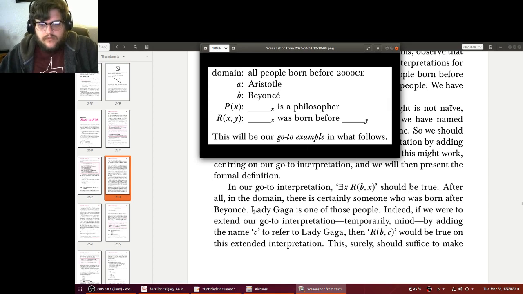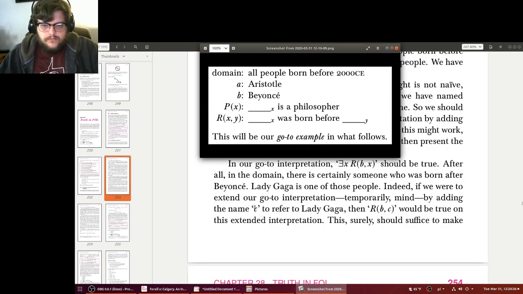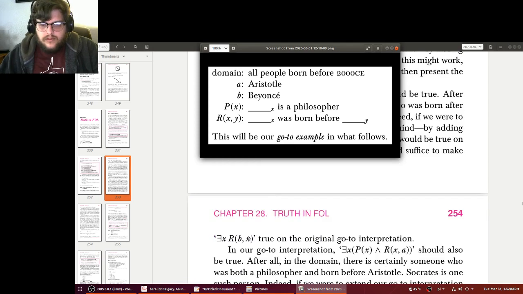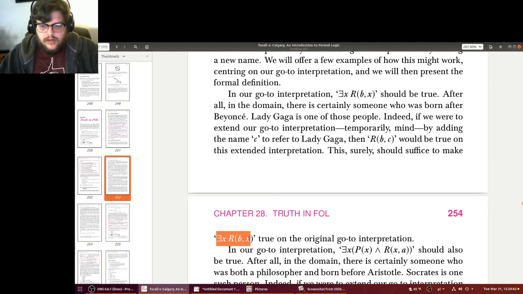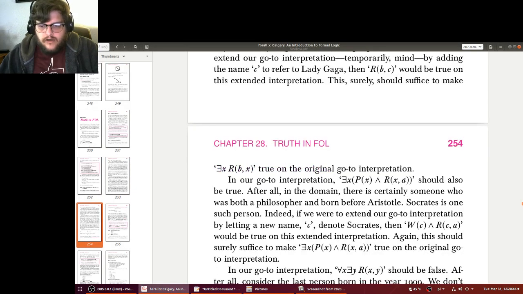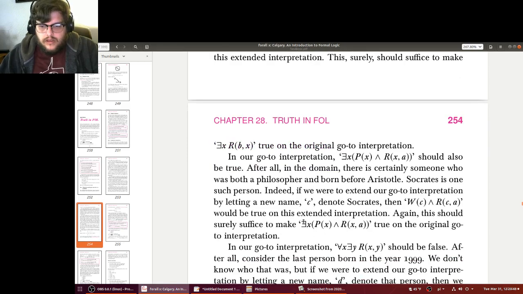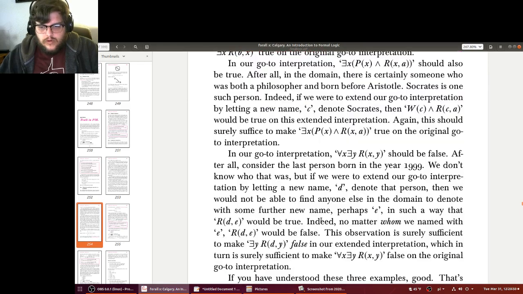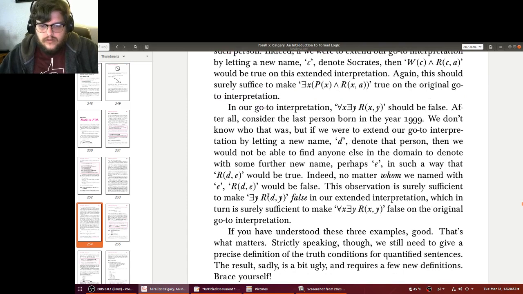And they say, for example, Lady Gaga is one of these people. And if we were to let c refer to Lady Gaga, then RBc would be true, and that would suffice to make exists x RBx true. So, okay, fine. Then they talk through a few more examples. Okay, you should just read them.